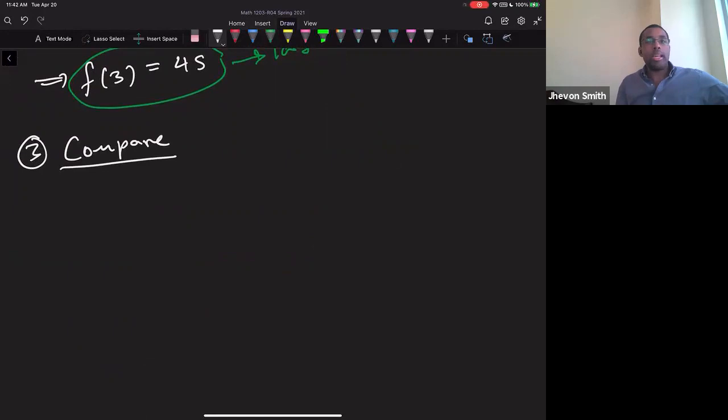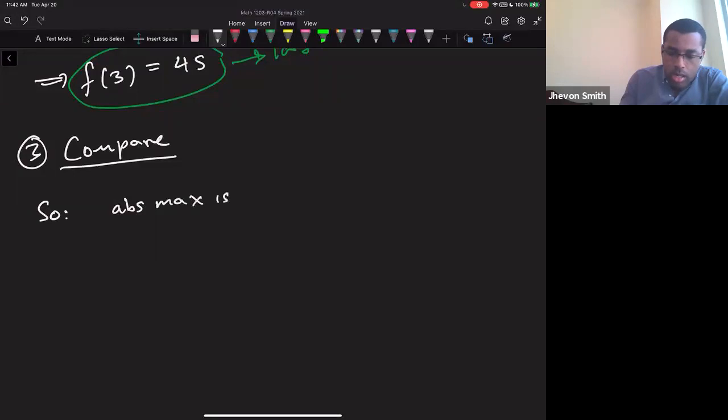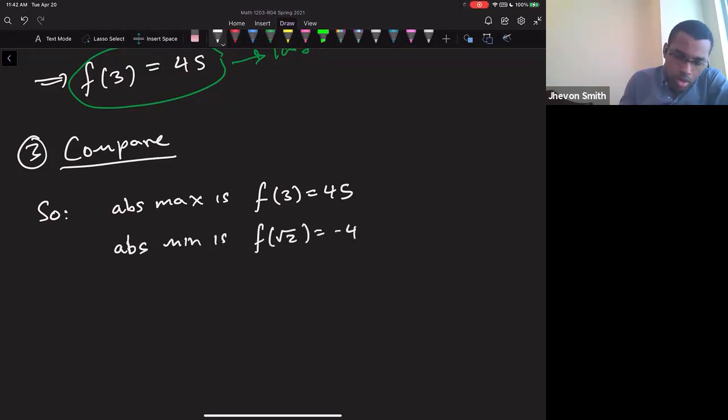So remember, we state them as equations. We can say the absolute max is f of 3 equals 45, and the absolute min is f of radical 2 equals -4.